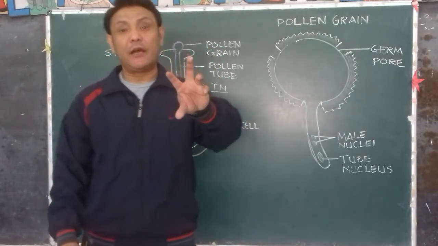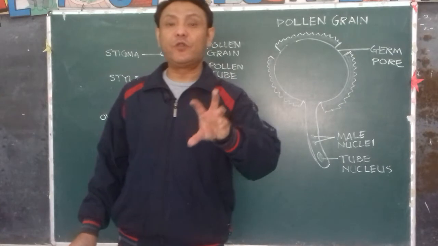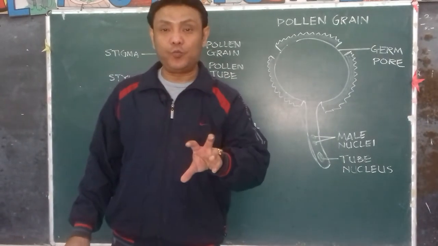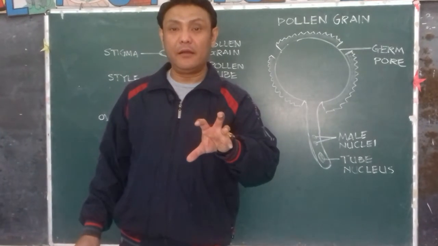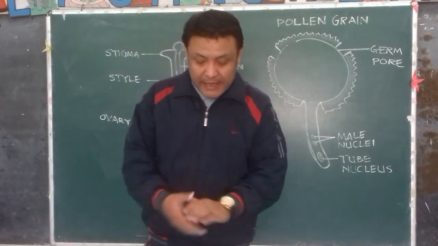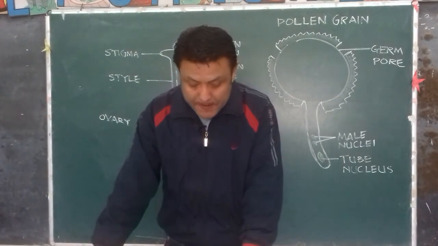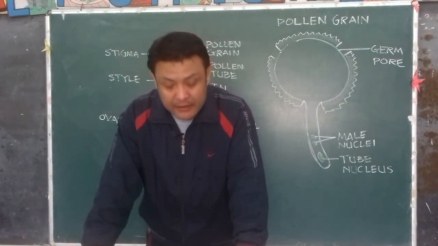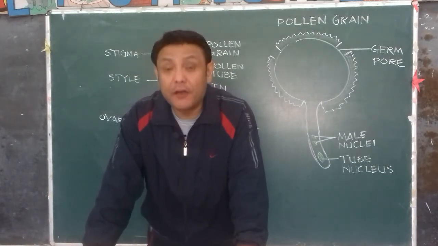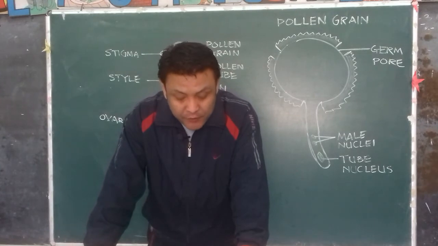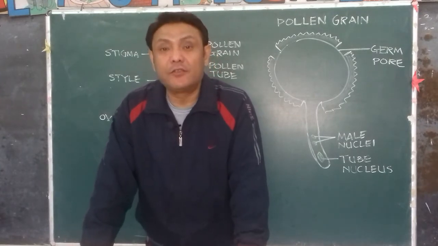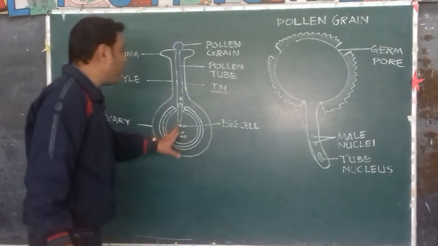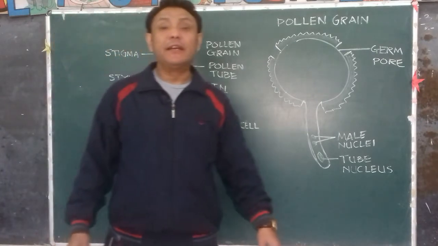The single-celled zygote will start developing into an embryo, which has two cotyledons and an embryonic axis. So the fertilized and developed ovule changes into seed. The ovules inside the ovary will give rise to the seed.